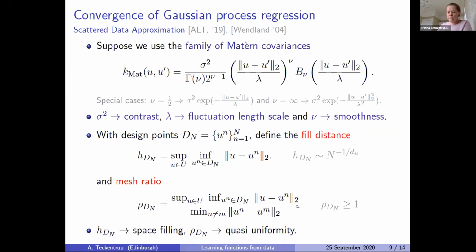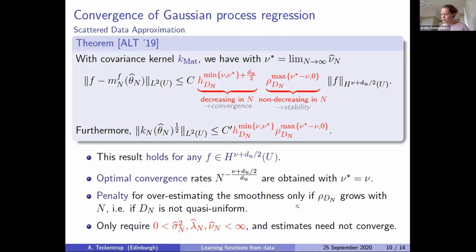Okay. Right. So the result that we have is then this one. Okay, so it's a bit complicated, a lot to take in, but let me try and walk you through it. So I have a result which shows that the mean of the Gaussian process posterior, so this is the mean of the probability distribution on F given Y, you can show that that goes to F in the L2 norm with this rate in N that's going to come from here.